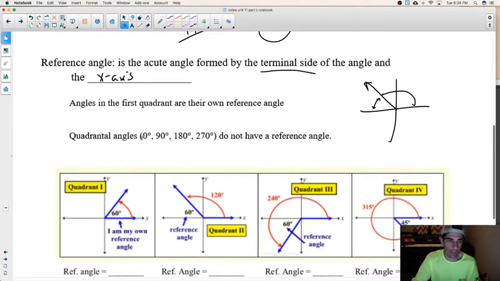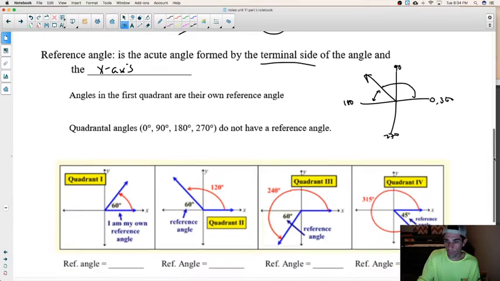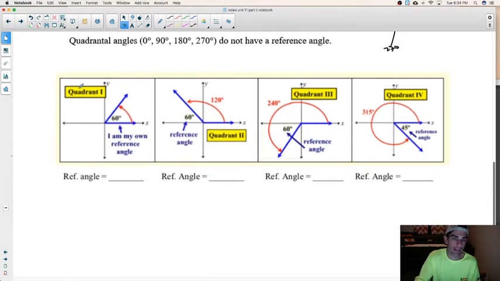So these are showing you that there are no reference angles at 0, 90, 180, 270, and 360. And then here you're taking a look at where the reference angle lies in the 4 quadrants. So here's an angle of 60 degrees, so its reference angle is 60 degrees. Here's an angle of 120 degrees, so the reference angle is over here now, and it's 60 degrees.